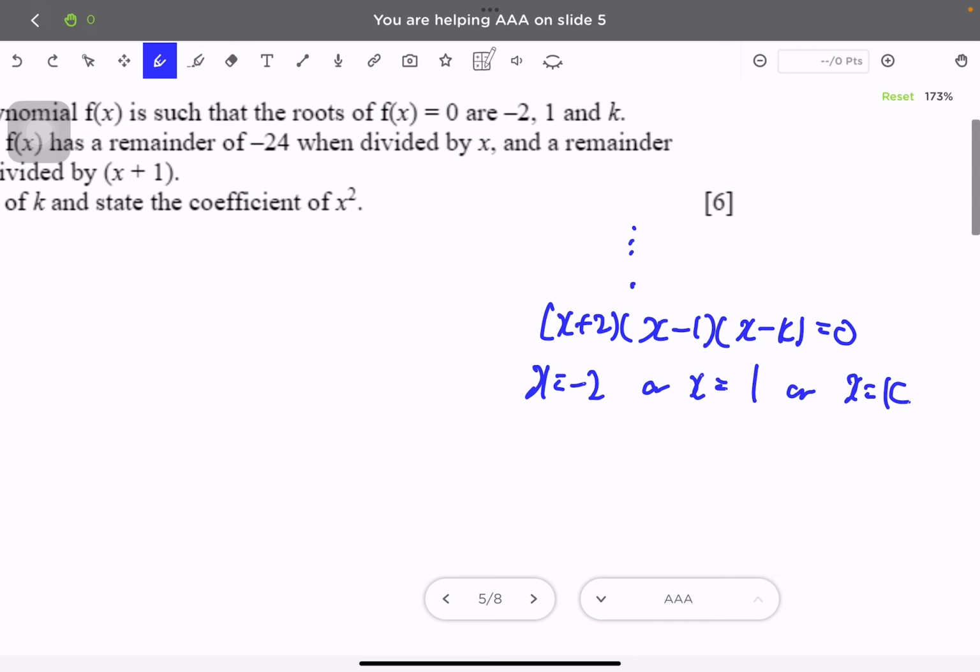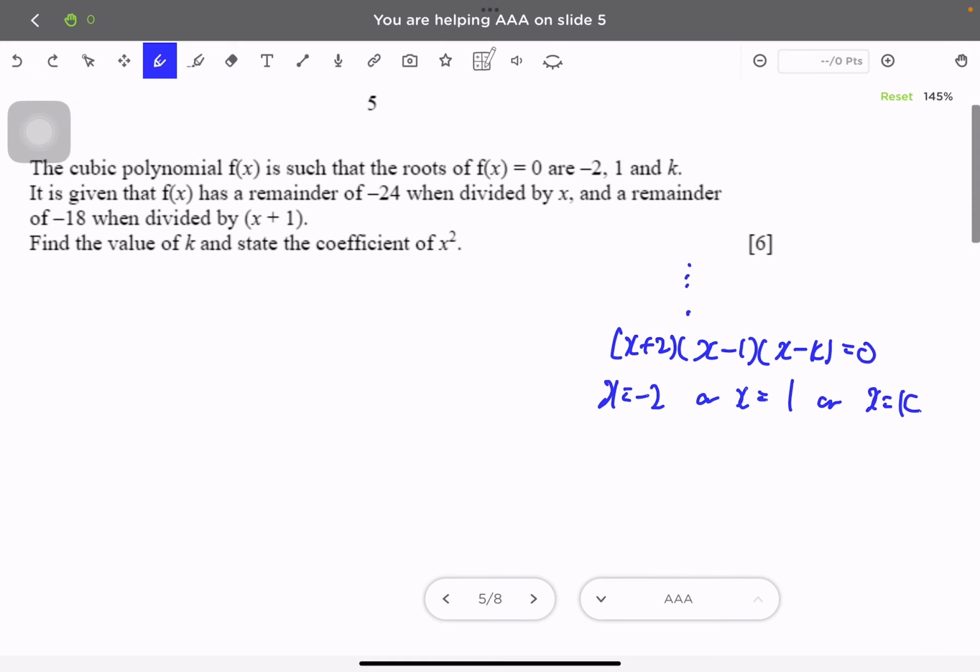Correct? But in actual fact, the question did not ask what the coefficient of the x cube is. So we have to assume that there might be 1, it might be something else. So it can be a times (x plus 2)(x minus 1)(x minus k) equals 0. If I divide both sides by a, it will end up with the next step here.